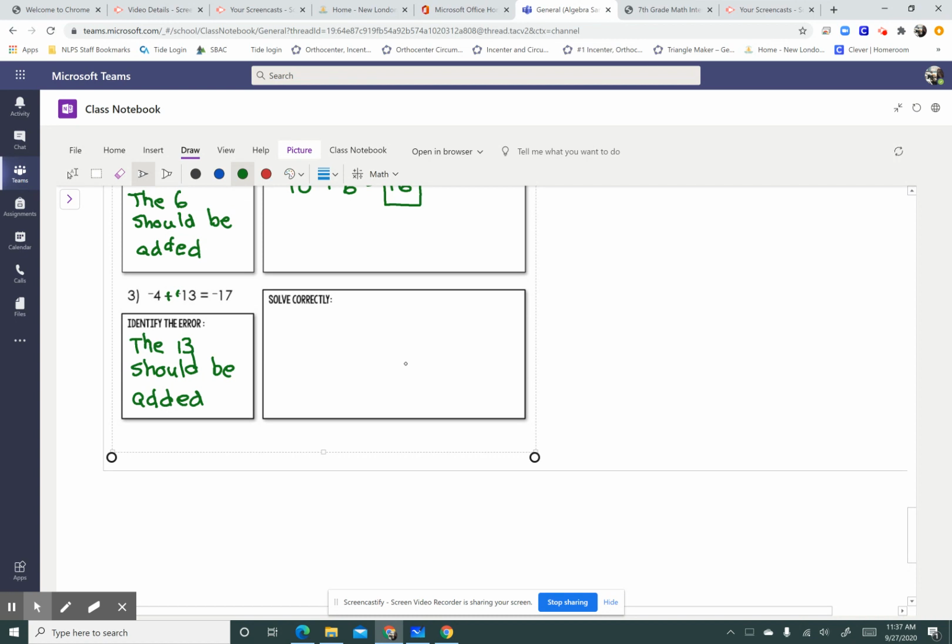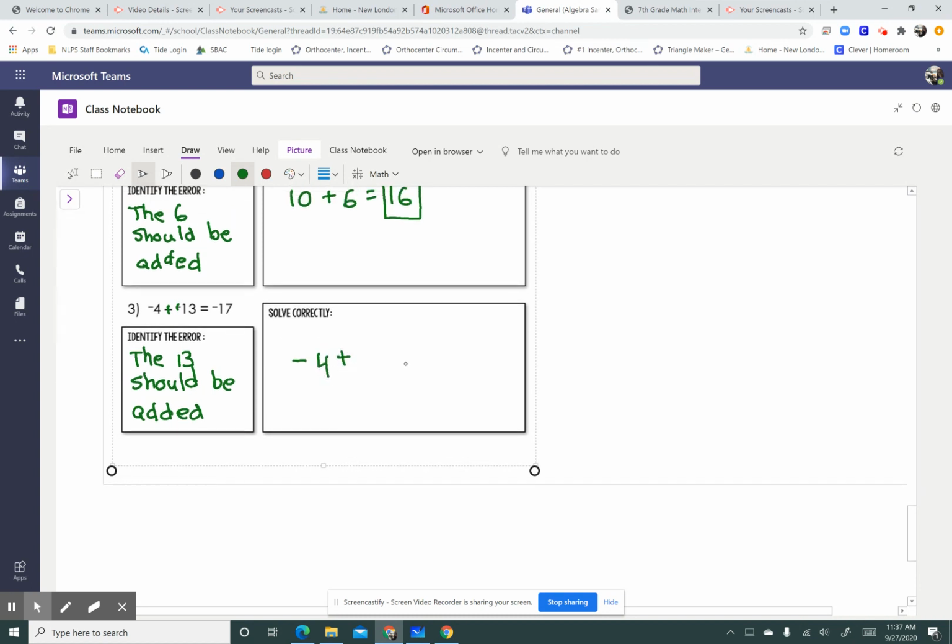And that would give us -4 plus 13, which equals 9.